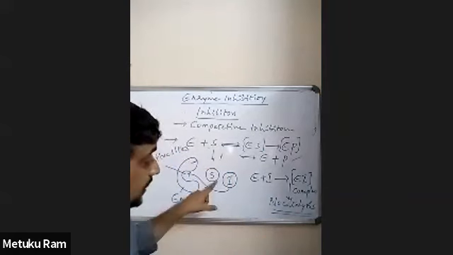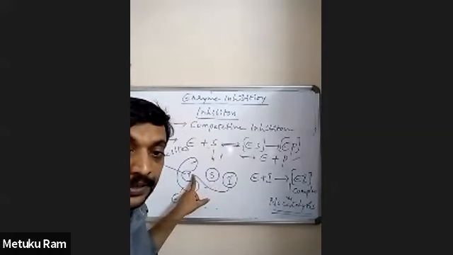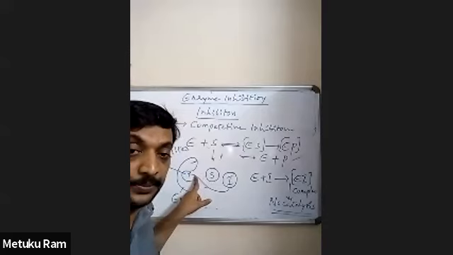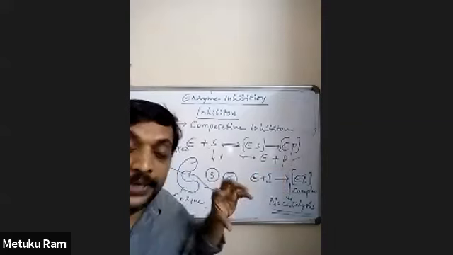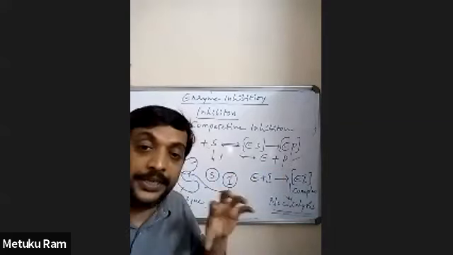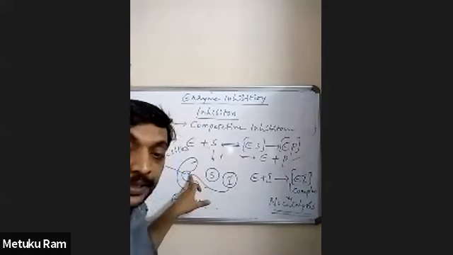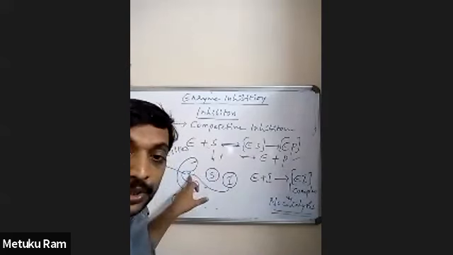The substrate molecule binds with the active site of the enzyme, and it forms the product. But if the inhibitor binds, it occupies the active site of the enzyme so that the substrate is unable to join the active site.